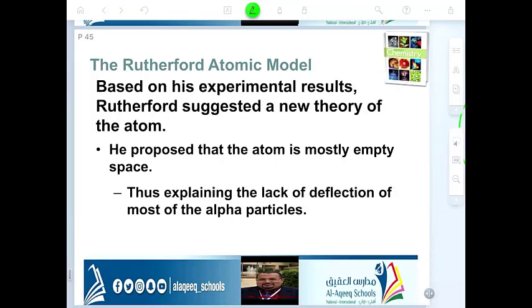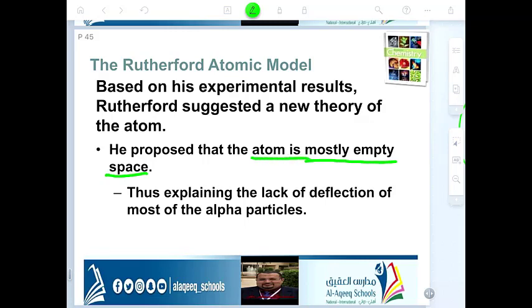So the Rutherford model is similar to what is accepted today, but not exactly the same, but improved from the previous model of Thomson. As I said, he said the atom is mostly empty space.